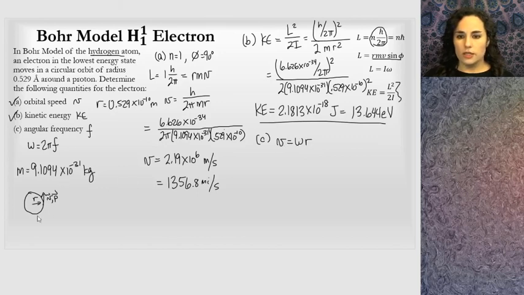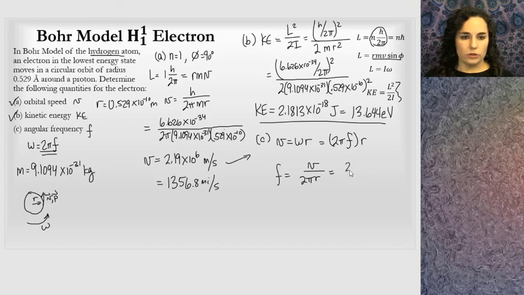For this electron rotating around, yes, it has an omega, and because the translational velocity is related to the omega, I can write this equation down, and what I know about omega is 2 pi times the frequency. So 2 pi times the frequency is omega times r. Well, I solved for the velocity. I have a value for the velocity. So if I solve for frequency here, I get the frequency equals the velocity divided by 2 pi r.